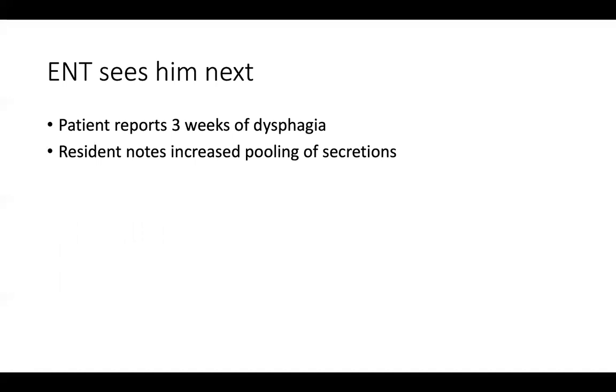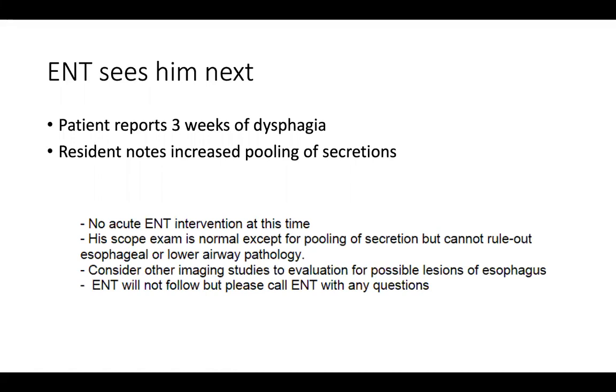They find out that the patient was reporting 3 weeks of dysphagia. In their note, the resident describes significant pooling of secretions in the posterior oropharynx, which is again a sign of dysphagia, difficulty with swallowing. They said no interventions.